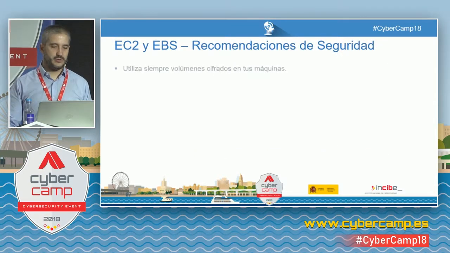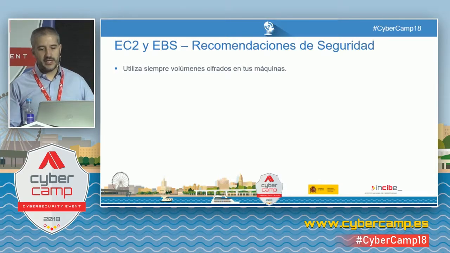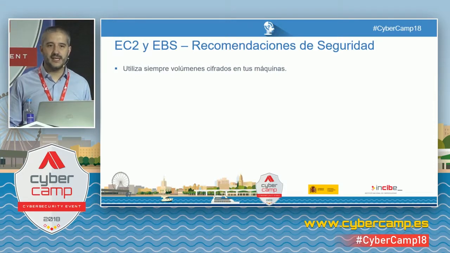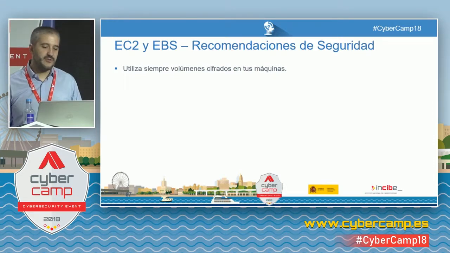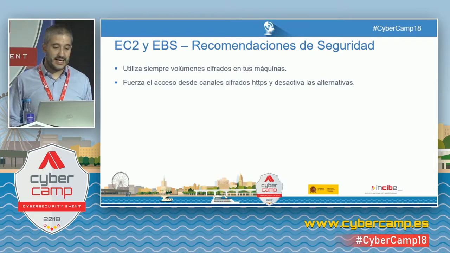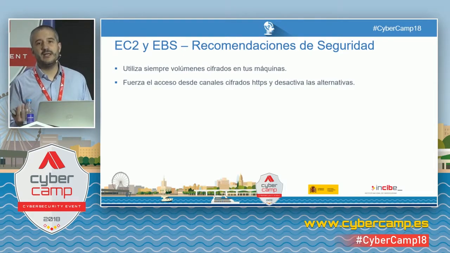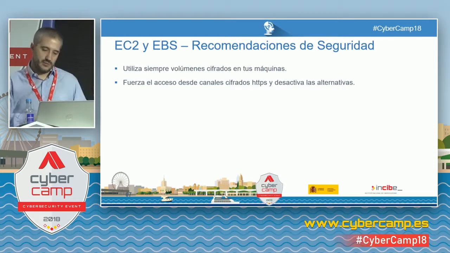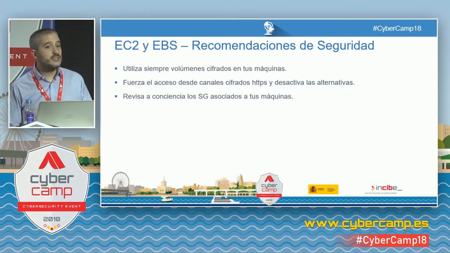So, what are the security recommendations for what we've covered? You should be using encrypted volumes. At rest, you should always encrypt your machines, and use HTTPS channels. If you can do 443, don't do 80 as a port.